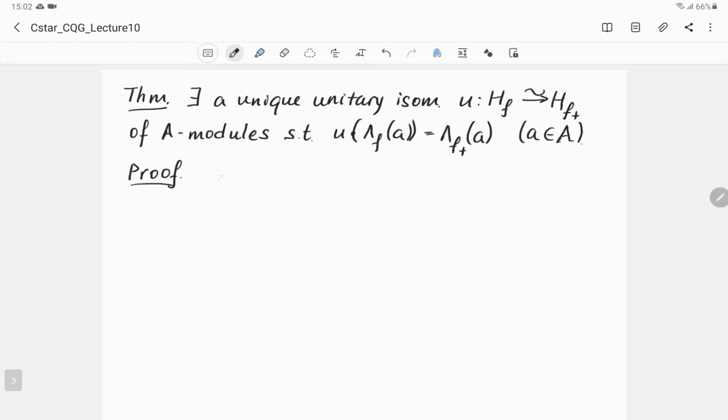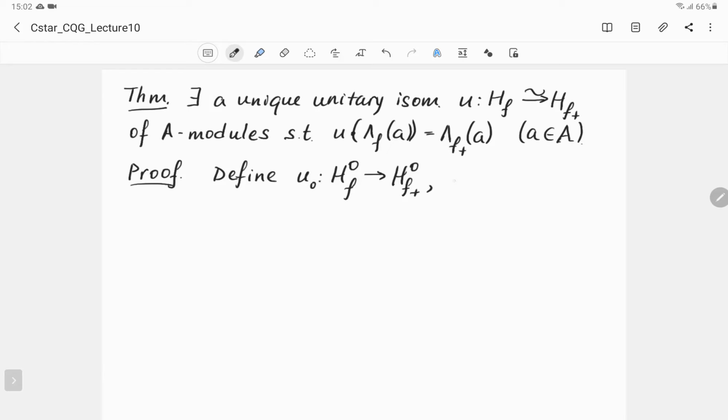So we define a map U0 from H_F0 to H_F plus 0. So these are the uncompleted versions of H_F and H_F plus. So we define it by the following formula.